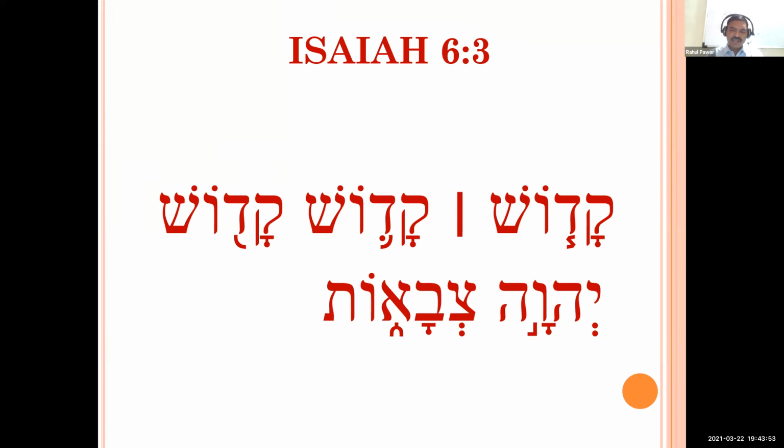I will not explain it now, but whenever you find this Yod He Vav He, ignore those vowels. Instead you may say Adonai, or Hashem, or if you are a strong believer, you can say Yahweh.